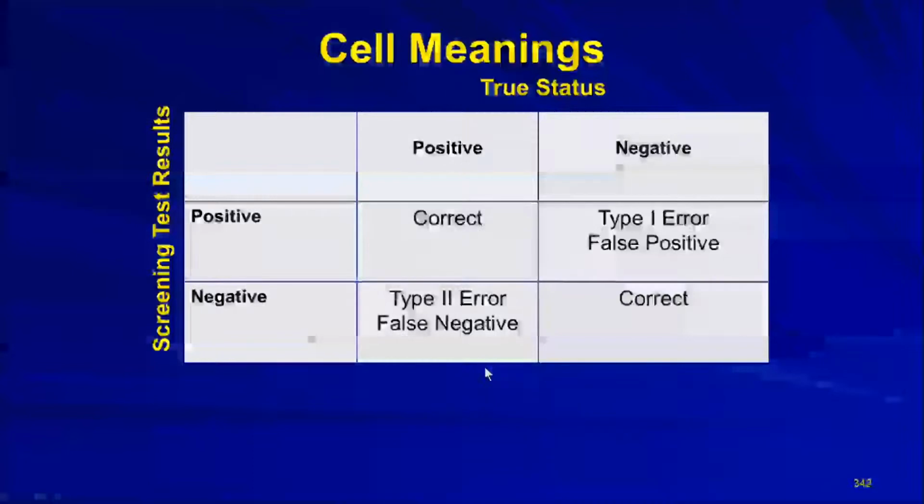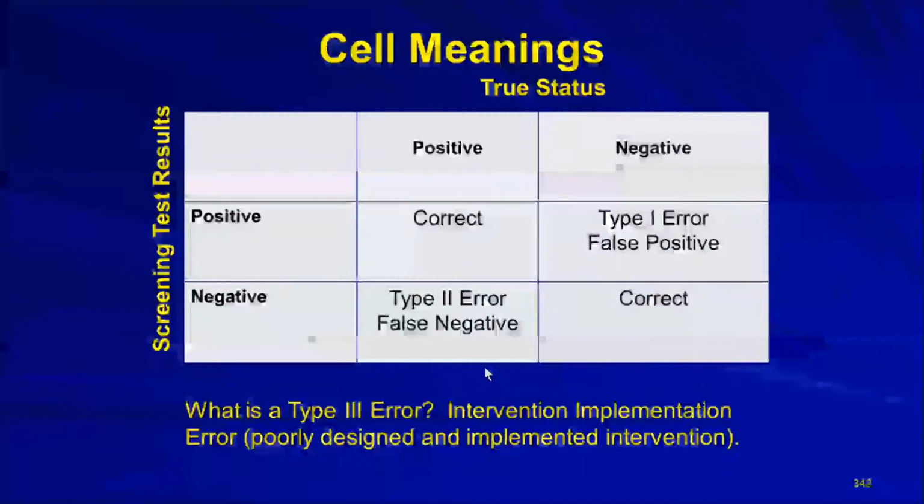Now I want to talk to you about another type of error, which is a type 3 error. And this is an intervention implementation error. All that means is a poorly designed and implemented intervention. So somebody has constructed an intervention to treat obesity or a treatment for any particular disease or disorder, but it's been ill-conceived, it hasn't been designed well, and the people who are using it or operating it don't know what they're doing.